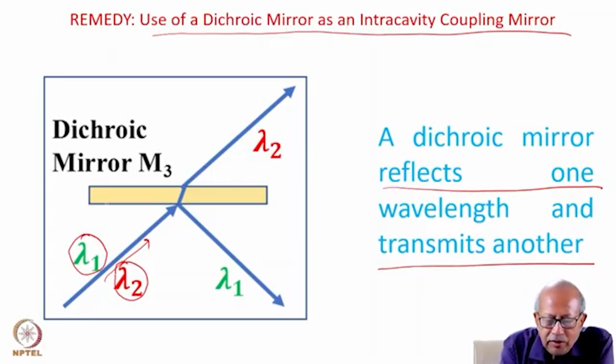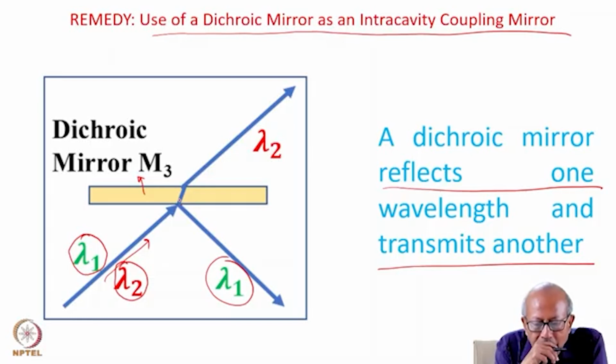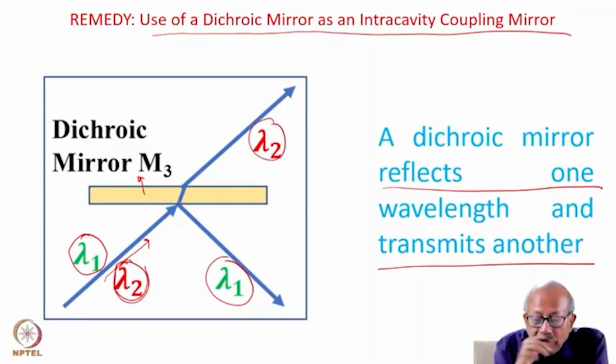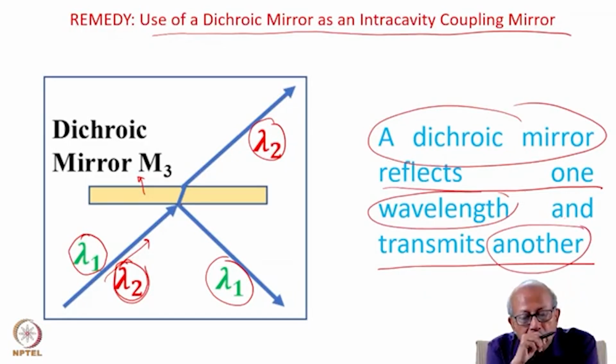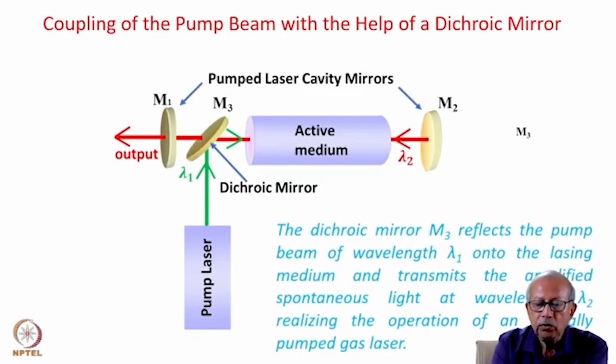And as it shines on this dichroic mirror, this mirror reflects lambda 1 from this incident light and transmits the other wavelength, lambda 2. And this property of a dichroic mirror, that it reflects one wavelength and transmits another, comes very handy here. So how do you use it? See, use it this way.